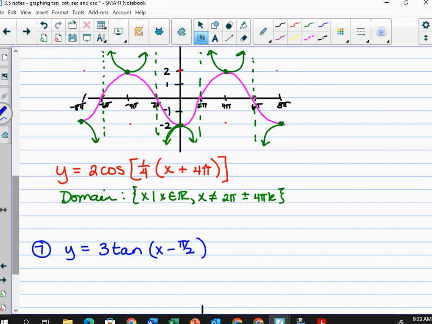You just graph tangent as tangent. There's nothing weird to do with that. What's the 3 doing out in front of the tangent? Vertical stretch. Yep, stretch those y values by 3.